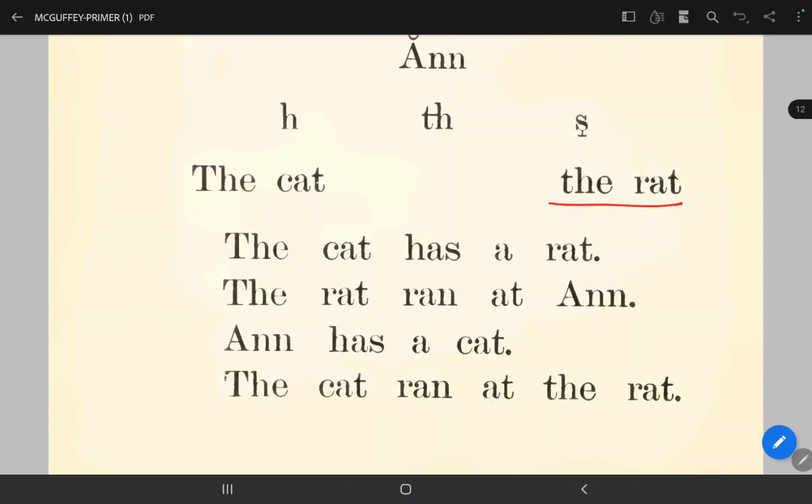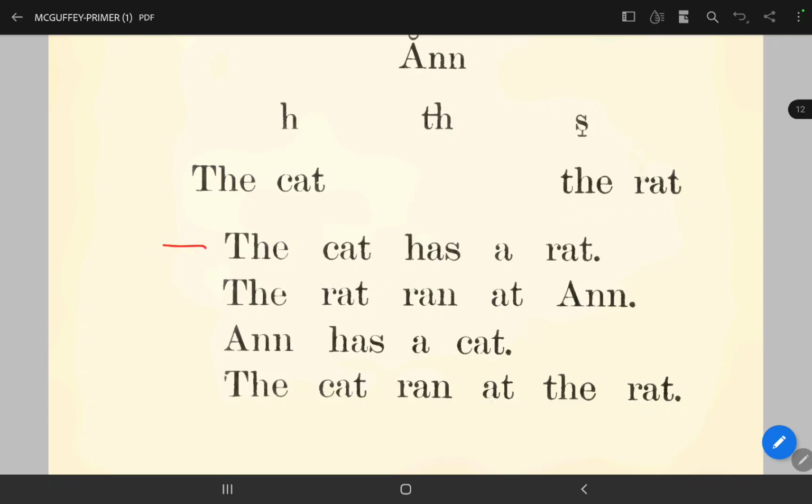Here we have T-H-E again, the. And then we have R-A-T. R makes the sound R. This A says the sound A, ra, and the classical T, rat, the rat.